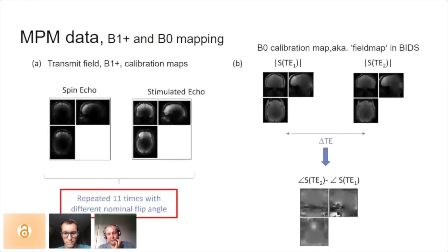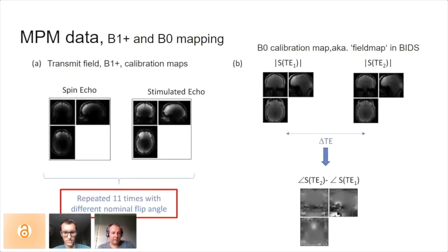Well, that's the default sequence on a Siemens scanner, where you have 2 images acquired at different echo times, and you have a difference in the phases of those 2 images. That's pretty much what you call a field map for the functional MRI.